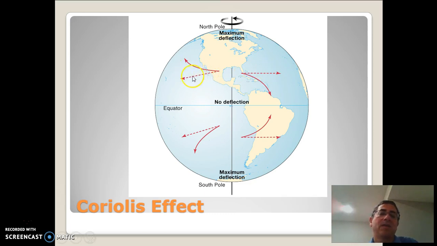Here there's the original direction, and the actual movement is to the right. In the southern hemisphere, it will be deflected to the left of the direction of movement. This happens to anything that's moving over long distances, such as air currents or wind currents.